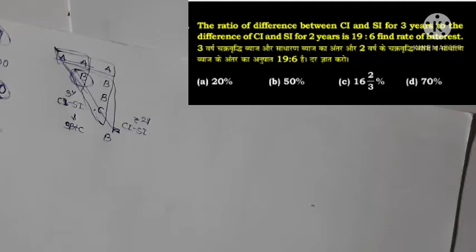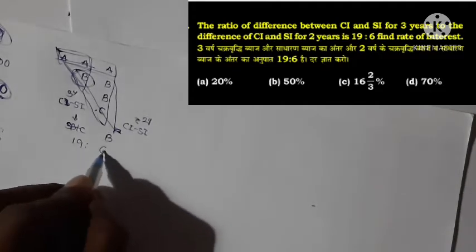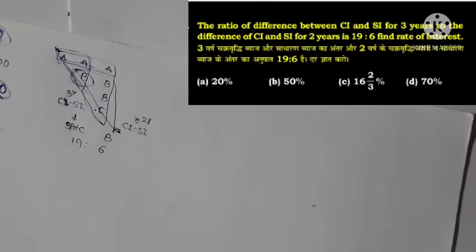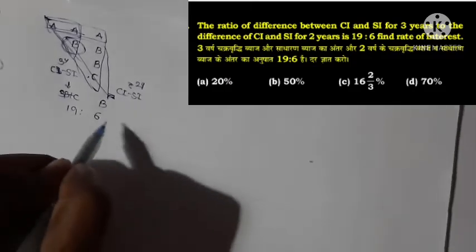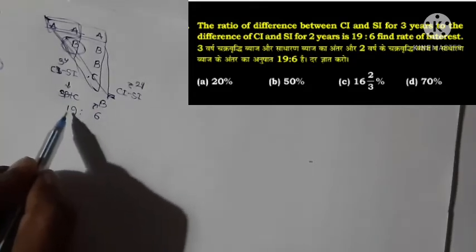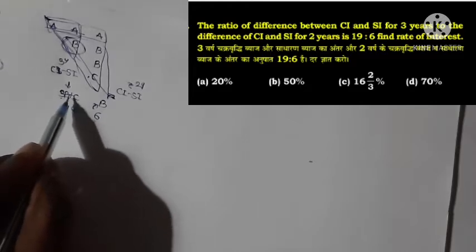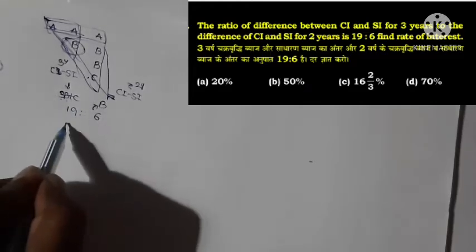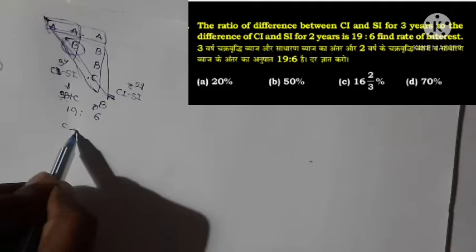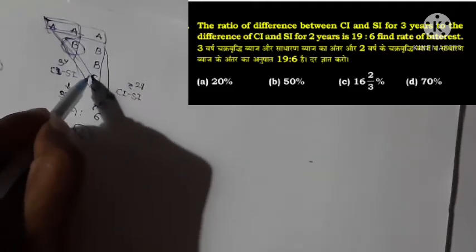So these are in the ratio 19:6. Here the value of B is 6. Value of C is 3 into 6, 18, plus C equals 19, so the value of C is 1.